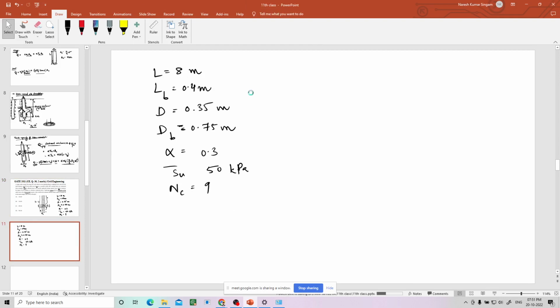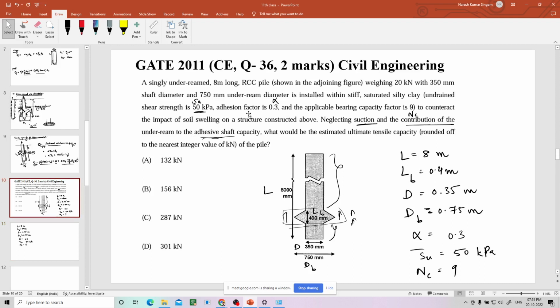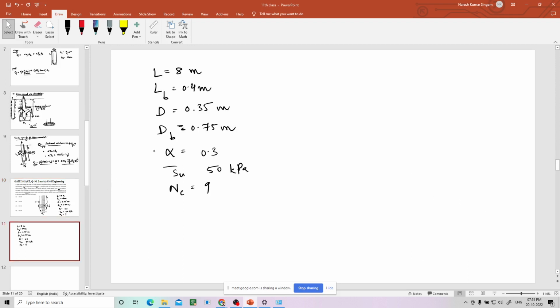Anything else which is given? I hope I have written all the given data. So what is the formula? Uplift capacity. One is from the friction. Friction will be alpha SU bar pi d into L minus LB.